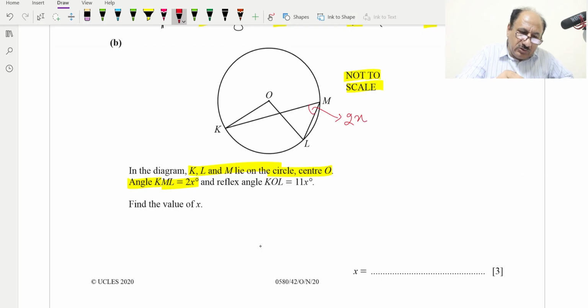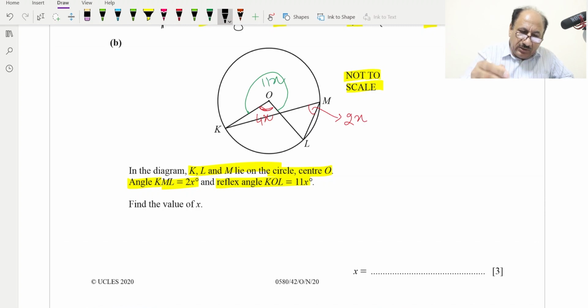If this is 2x, then this will be double of 2x because it is the angle at the center, so this will be 4x. Further information they have provided is that the reflex angle is 11x. This is basically the reflex angle which is 11x.